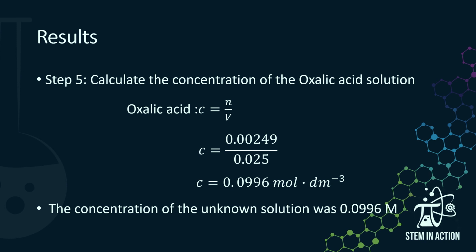Then we can say the concentration of the unknown oxalic acid solution was 0.0996 molar. And the capital M is the same as moles per decimeter cubed.